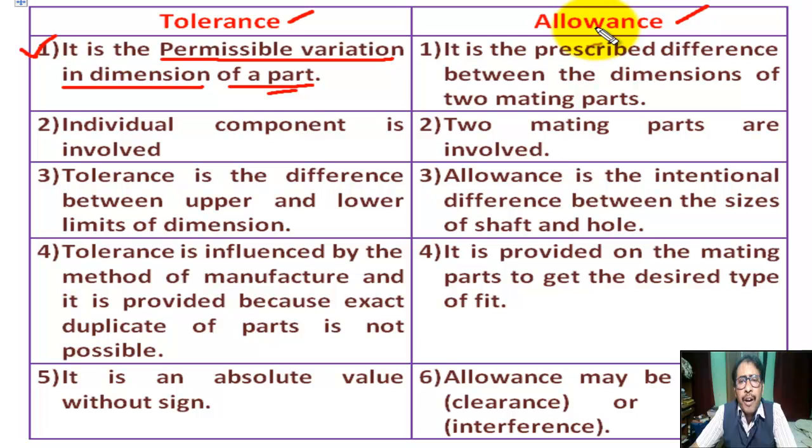Number 1, for allowance, it is the prescribed difference between the dimensions of two mating parts. Two mating parts means hole and shaft.